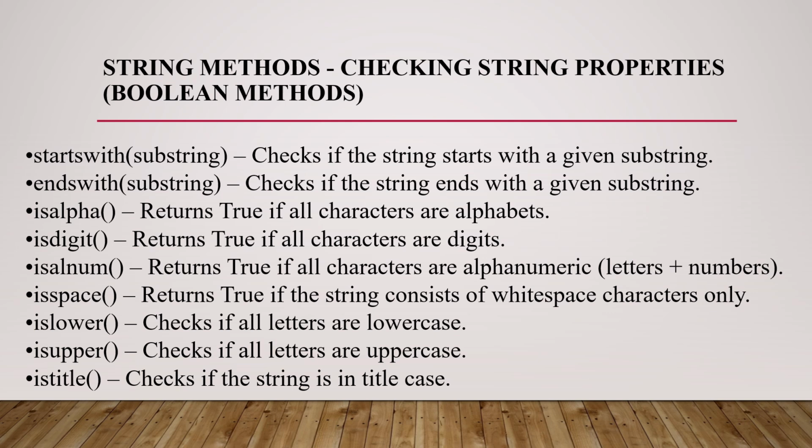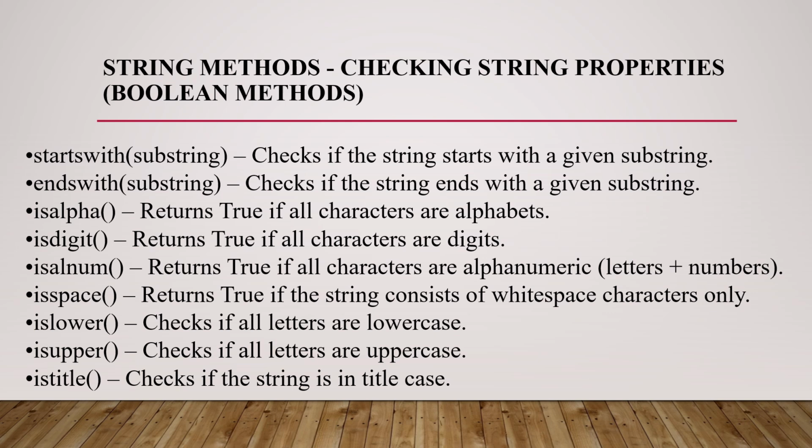The next one is isalnum. It checks if a string contains both letters and numbers, and it will return true if all the characters are alphanumeric.